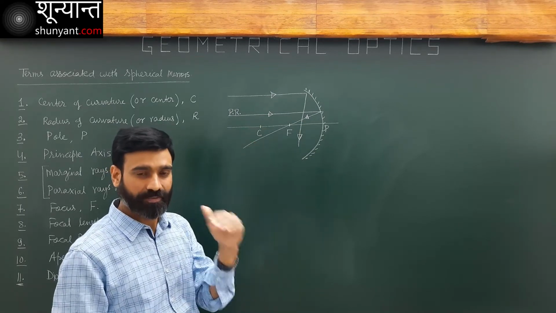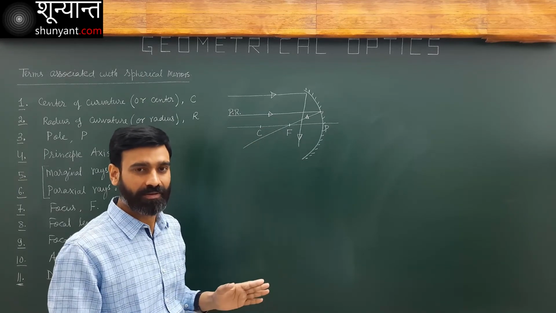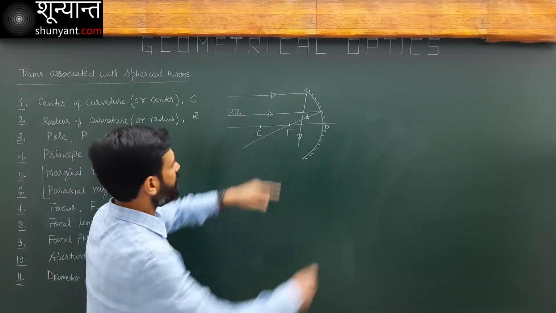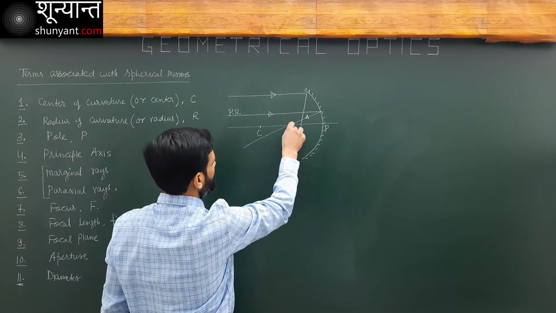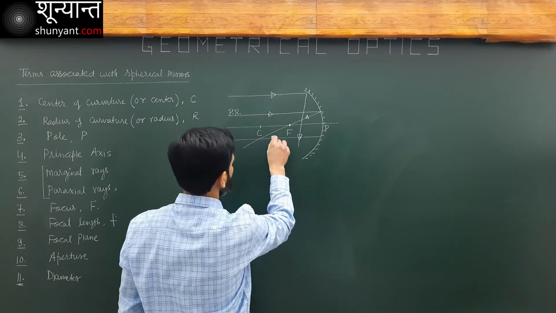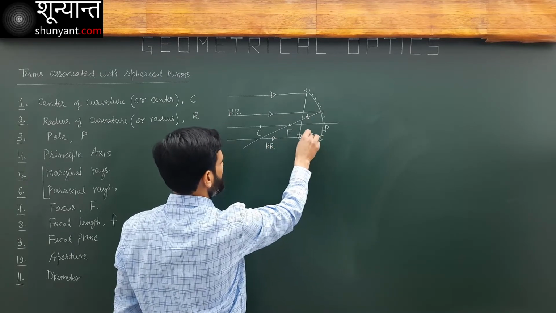Note down, focus is defined only with regard to paraxial rays, not for marginal rays. So here they actually meet. If I have any other paraxial ray like this, after reflection it will pass through the center.